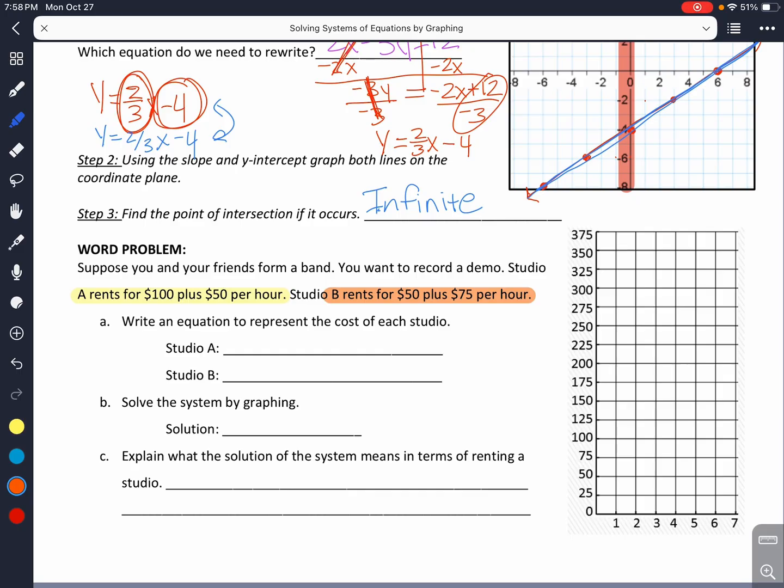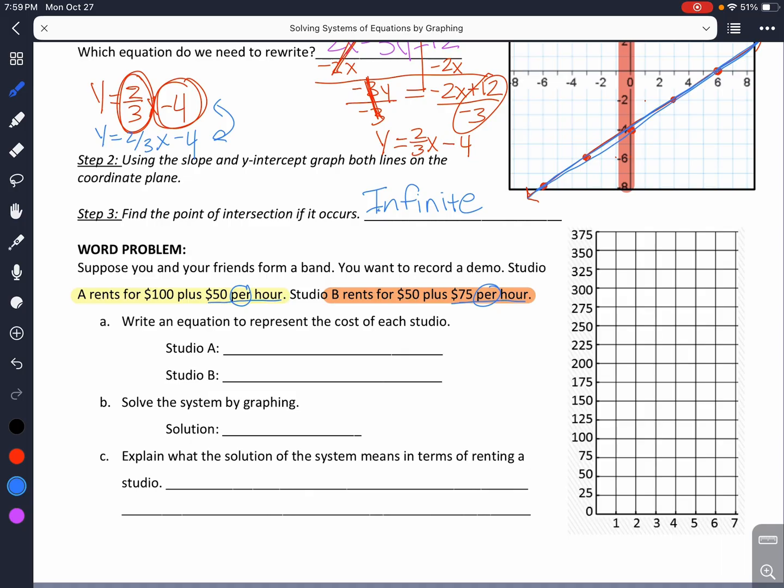So first thing it wants us to do is write an equation to represent the cost of each studio, okay? So when you have word problems, anytime you see this per hour, anytime you see this word per, that's how you know that number has to go with your X value.